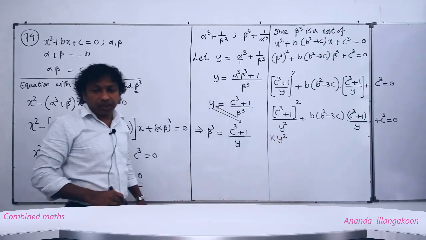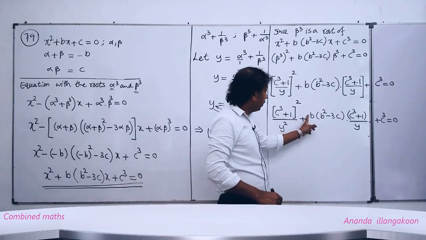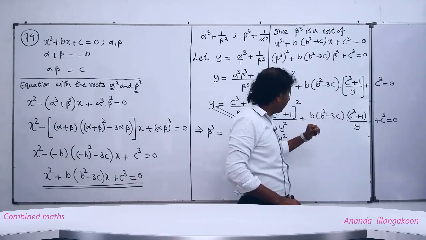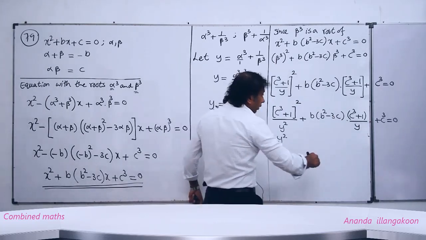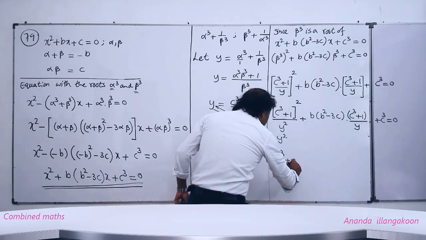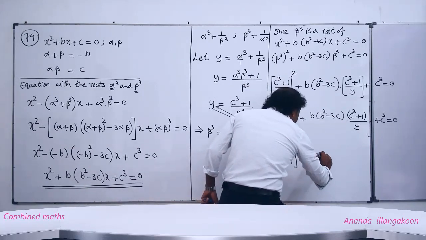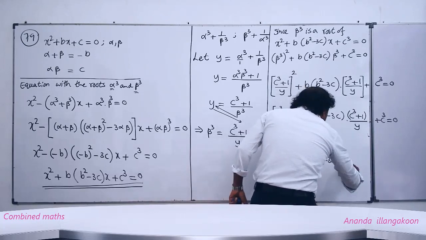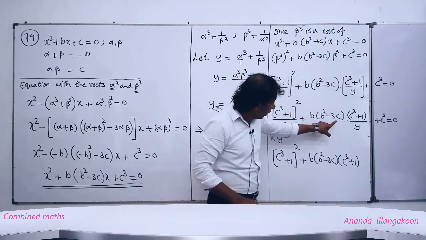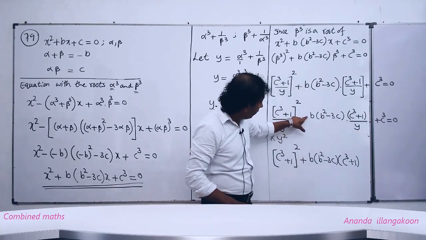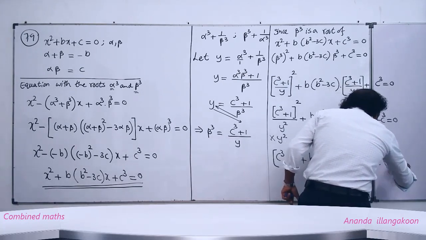When you multiply the left hand side three terms by y squared, this y squared cancels with this y squared, and in the second term one y cancels, leaving one y. So we get c cube plus 1 squared plus b times b squared minus 3c times c cube plus 1 times y, plus c cube y squared equals 0.